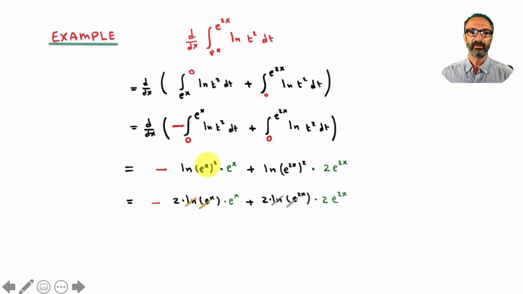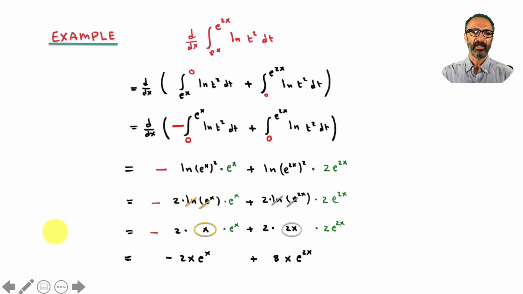Ln e to the x, still in black. Ln and e, they cancel. This x does not stay up there, it will drop down. And this 2x won't stay up there, it will drop down. And that's my final answer.